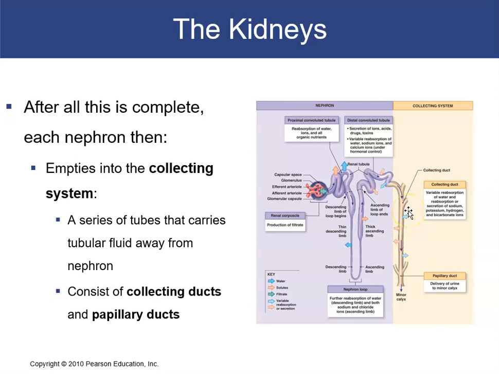The collecting system is a series of tubes that will carry that final product, the urine, away from the nephron. It's known as the tubular fluid or potential urine. This consists of collecting ducts and ultimately ends in a papillary duct that drains into the minor calyx.